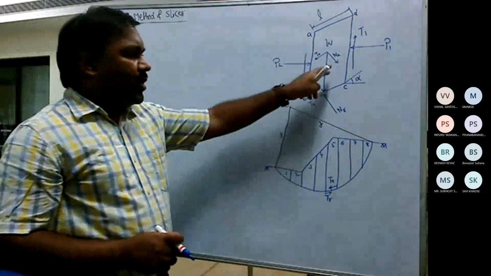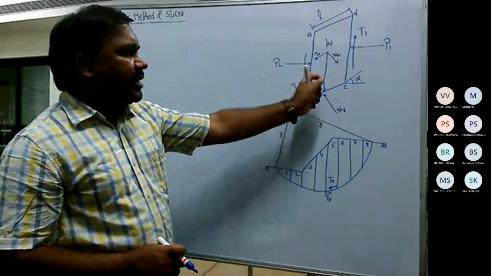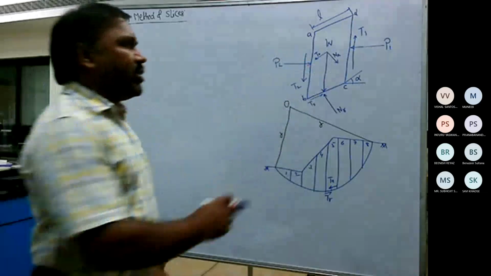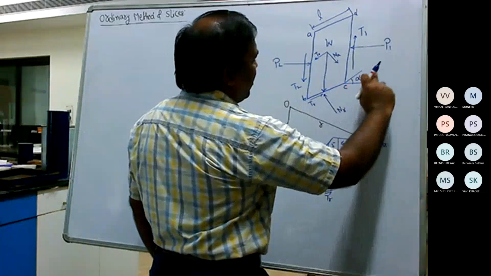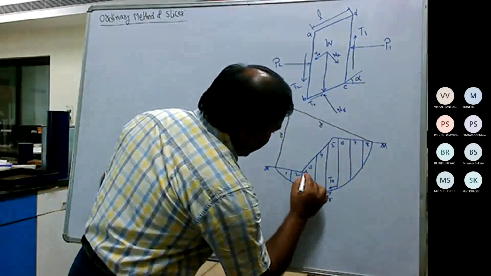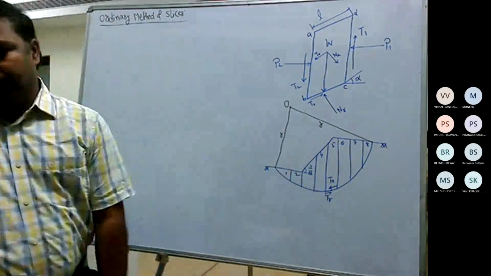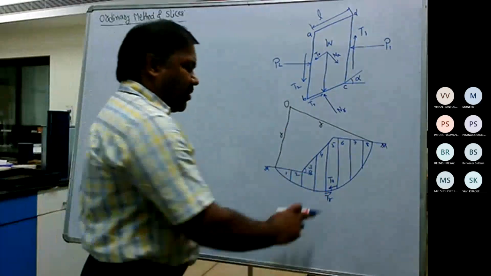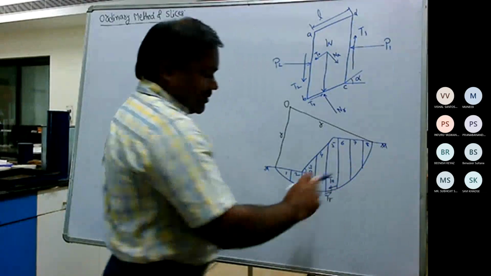For the time being, for the derivation, we are considering only a single slice. Alpha is the angle made by the slip surface, while beta is the slope angle.